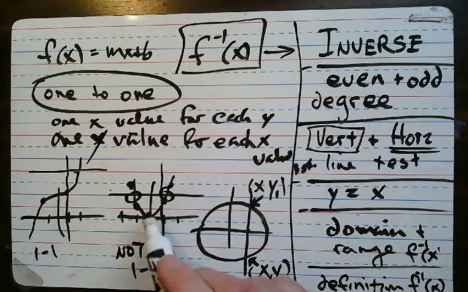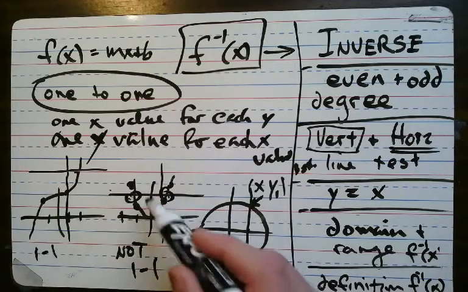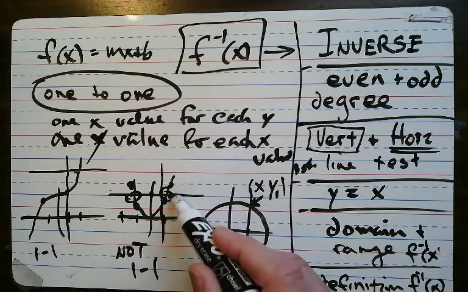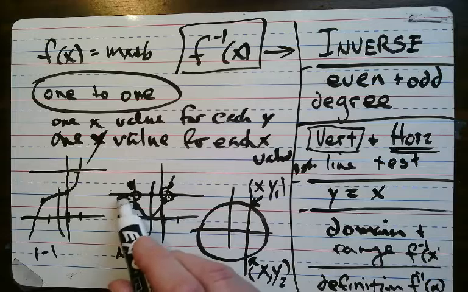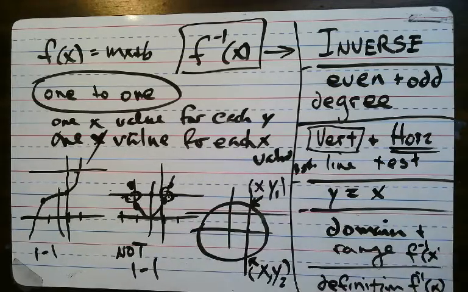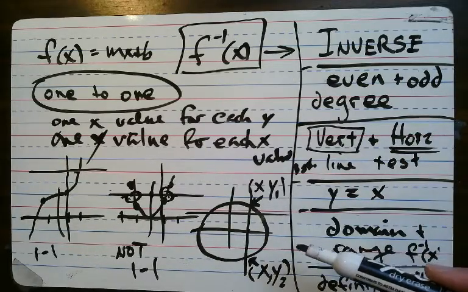All right? This guy is not, because there's two x values for one y value. If I pick the y value 4, I can find an x value over here and another x value over here, positive and negative. This one obviously is not one-to-one. It's not vertical or horizontal. It doesn't pass either of the tests, right?